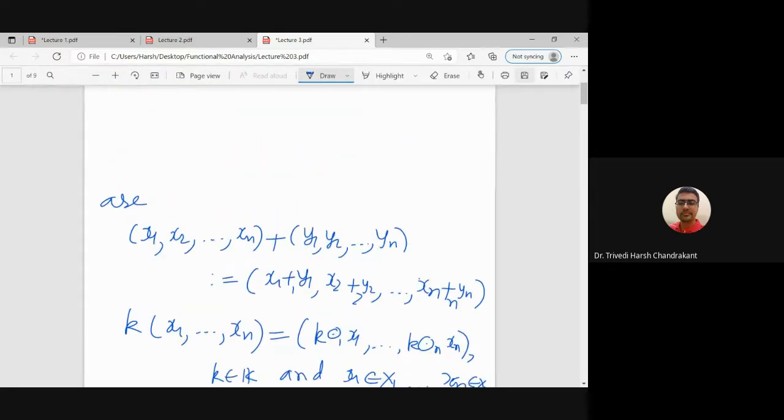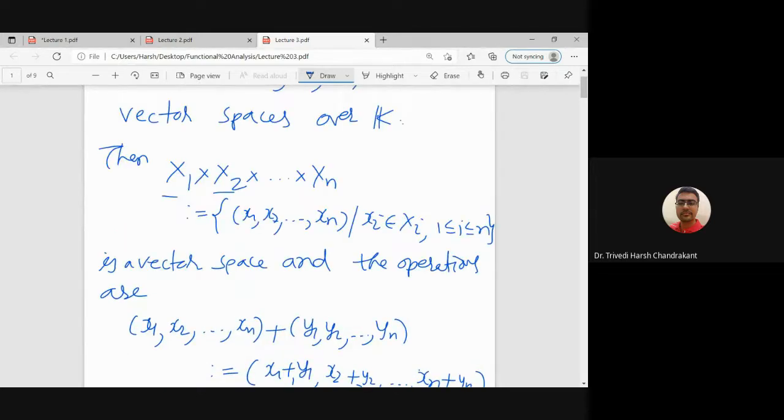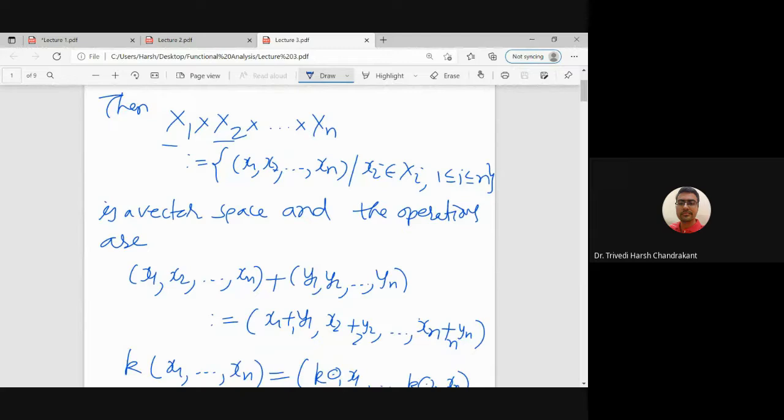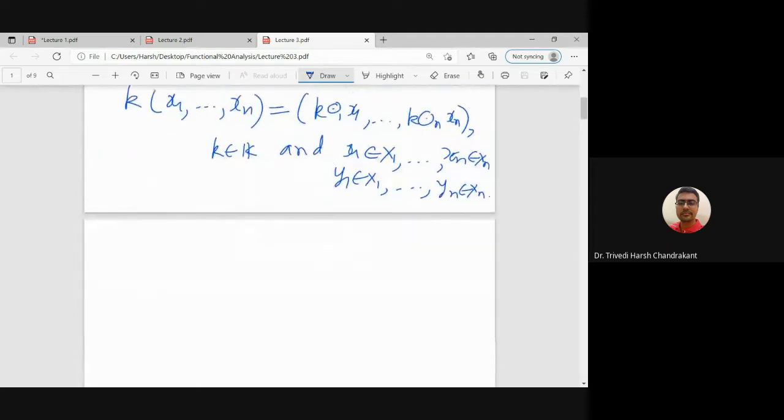So we can define the Cartesian product of n vector spaces.